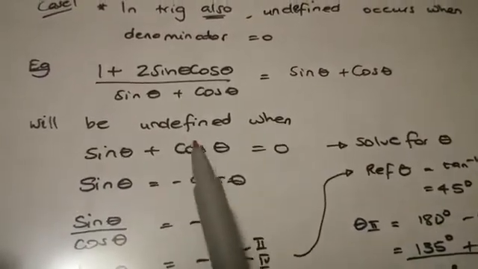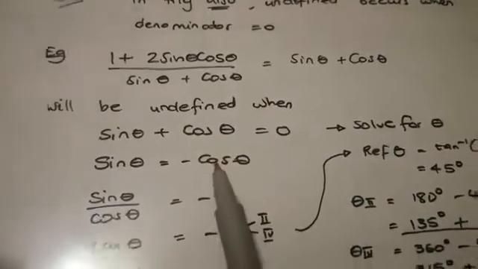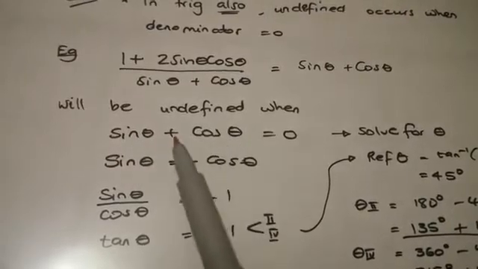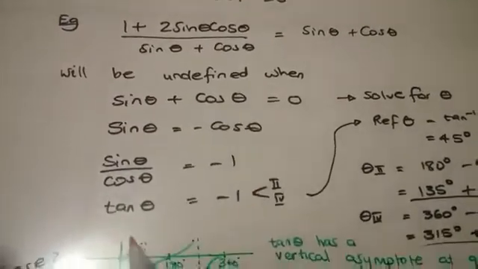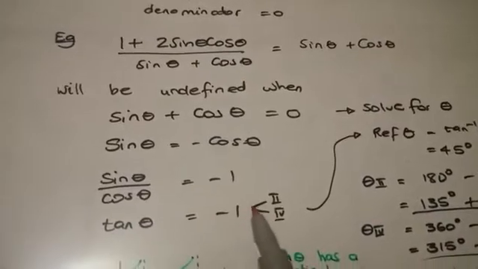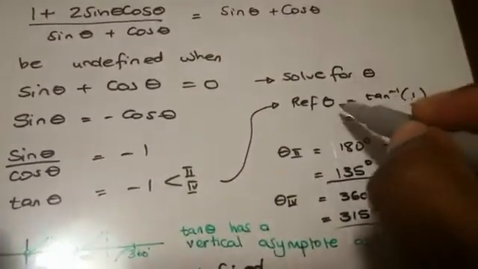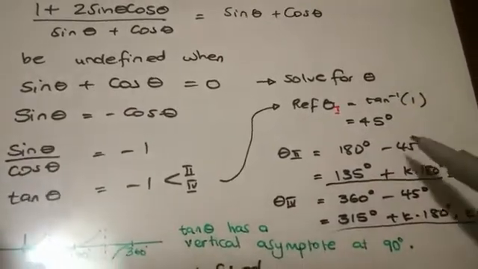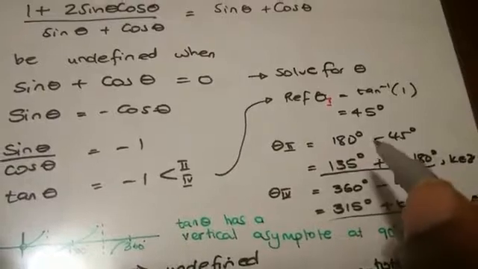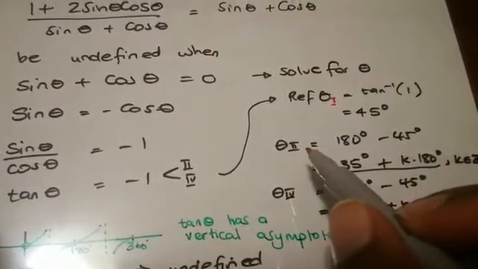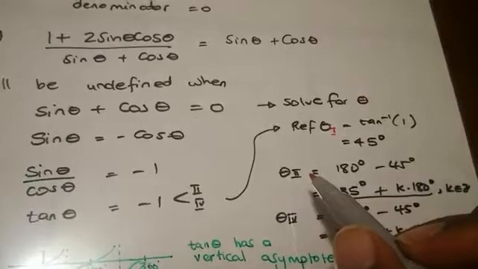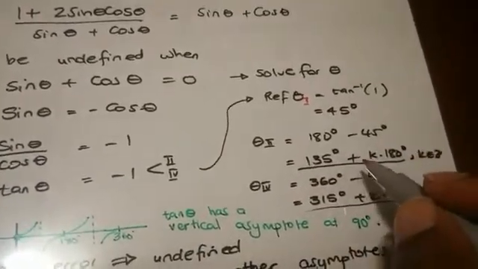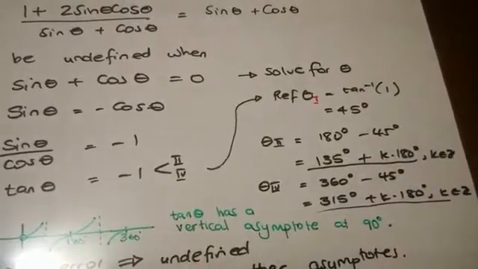So you divide by cos on both sides, because since we've got sine and cos, it means that we are going to have tan. So it becomes tan theta equals -1. That means the reference angle, which is in quadrant 1, is going to be 45. And then theta number 2, where tan is negative, is going to be 135 plus k times 180, where k is an integer.